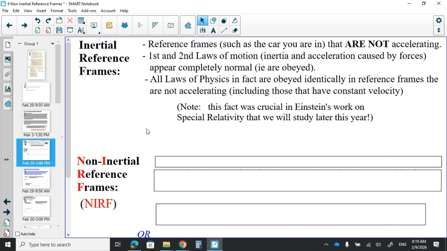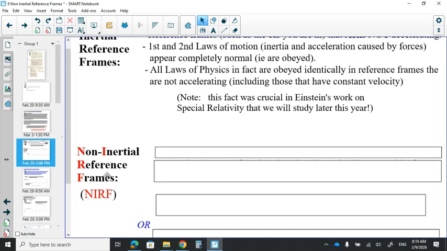So if you're in a car that's going 100 kilometers per hour, or you're in a car that's at rest, or you're in a car that's going 200,000 kilometers per hour, if that was possible, the laws of physics within those cars would be identical if you had true, pristine, uniform motion, and no bumps, no jiggles. If it was perfectly smooth. Anyways, we'll get to that later.